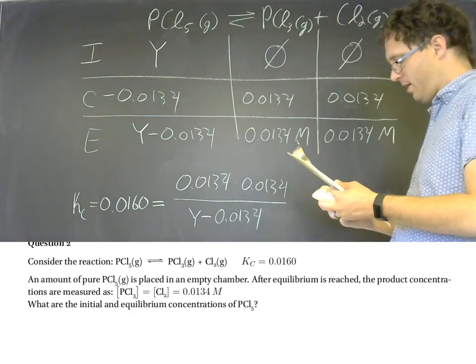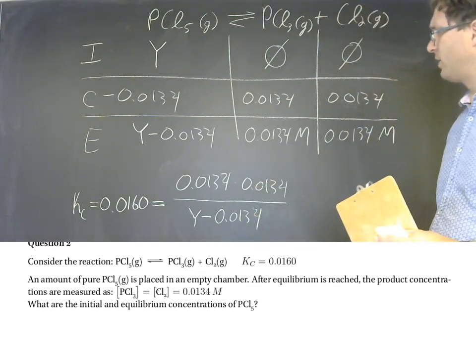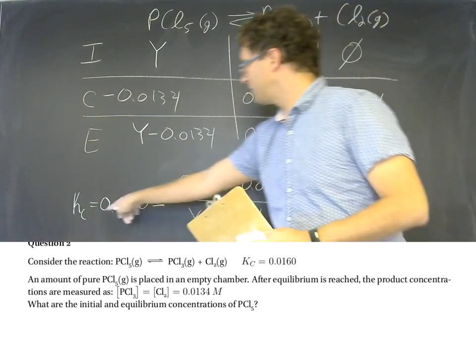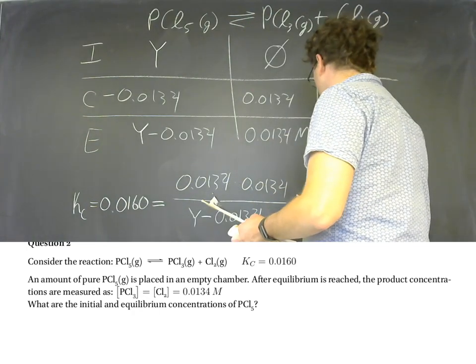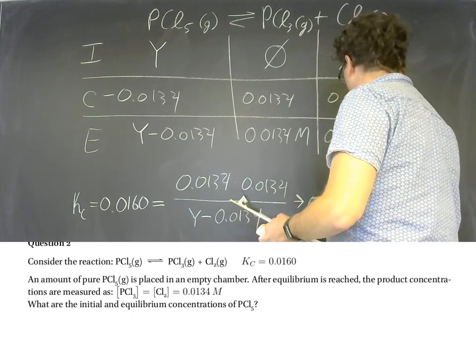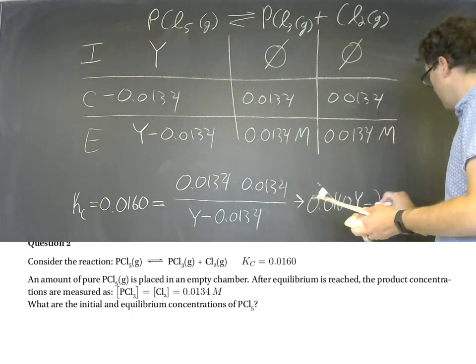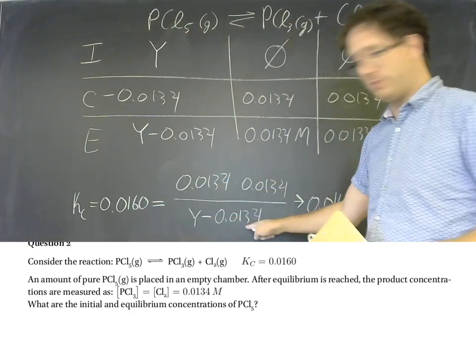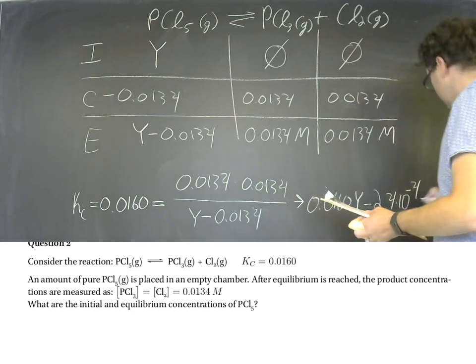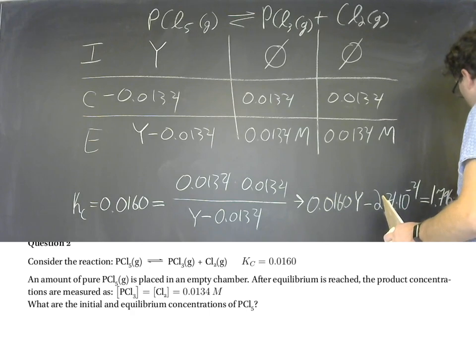So what we'll go ahead and do is perform that square operation on the top, and then move this over to the left side and distribute the 0.016. And so what you end up with is 0.0160 times y minus 2.4 times 10 to the negative fourth. That's 0.016 times 0.0134. And that is equal to 1.796 times 10 to the negative fourth.